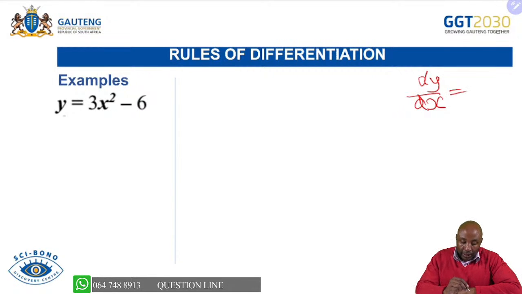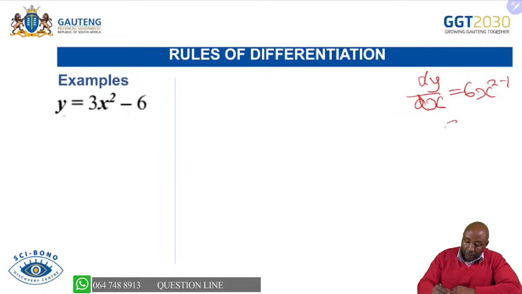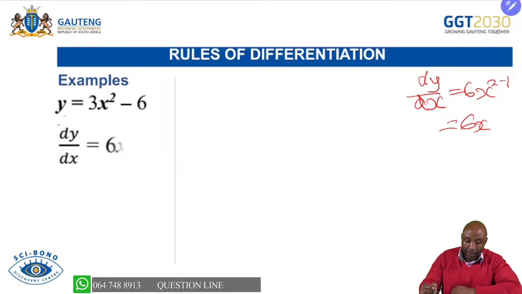The exponent is 2. We multiply 2 by 3, we get 6x, our exponent is 2 minus 1. Negative 6 is a constant. We know that the derivative of a constant is 0. And we will get our answer as 6x. You are able to see that.